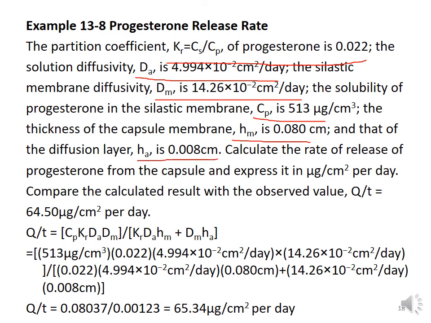They ask you to calculate the rate of release of progesterone from the capsule in micrograms per centimeter square per day, and to compare it with the experimental result obtained from the slope of Q versus time, which was found to be 64.5 micrograms per centimeter square per day.